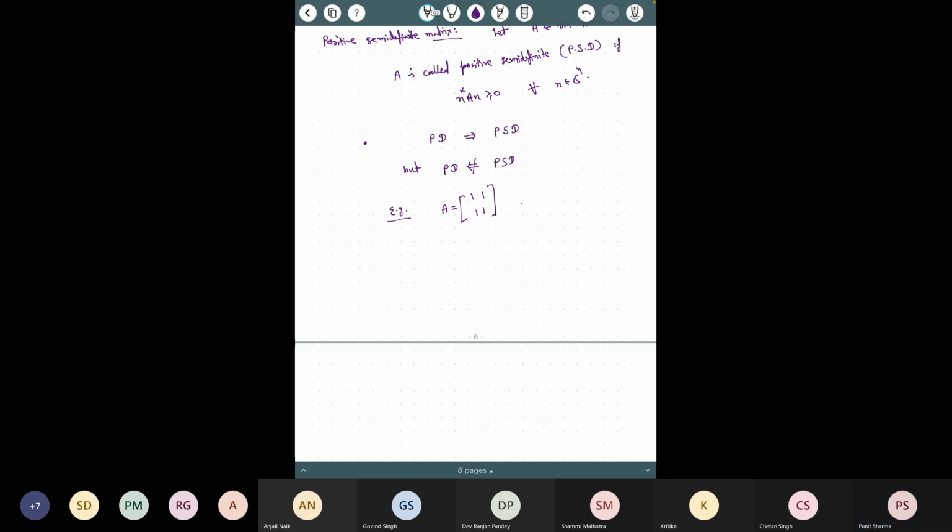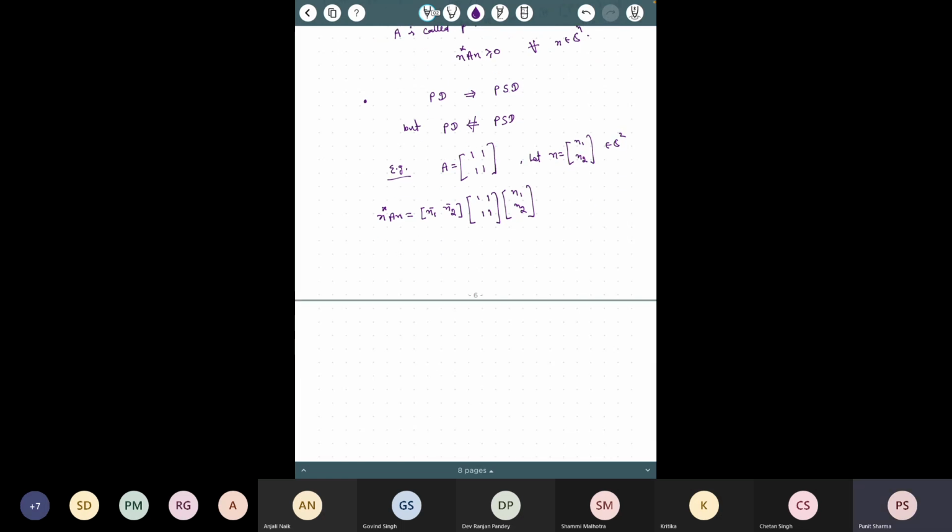If I take any vector x with components x1, x2 in C2, and compute x star Ax, what is it? x star is just x1 bar, x2 bar, then A is 1 1, 1 1, and then x is x1, x2. So it would be x1 bar plus x2 bar, x1 bar plus x2 bar, times x1, x2.